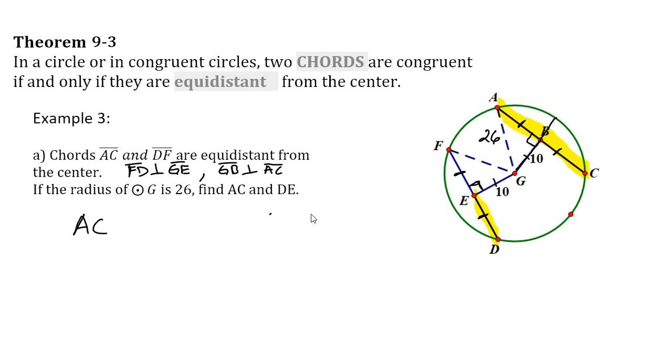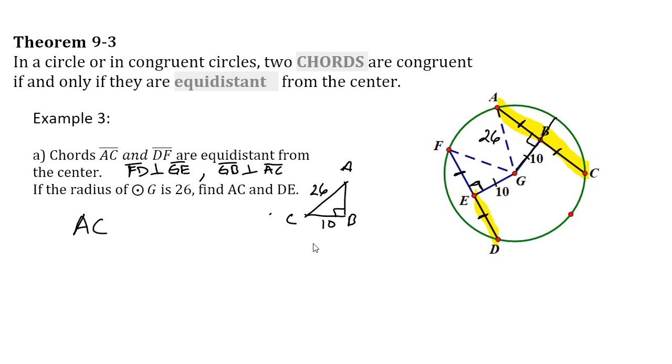Okay, so I'll just go ahead and redraw the triangle over here where the hypotenuse, again the side opposite to the 90-degree angle, would be 26. And then actually let me just go ahead and label the vertices over here. So AB, I don't know what it is, and BC, I know that it is 10.